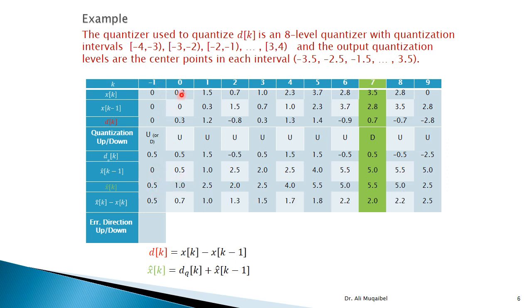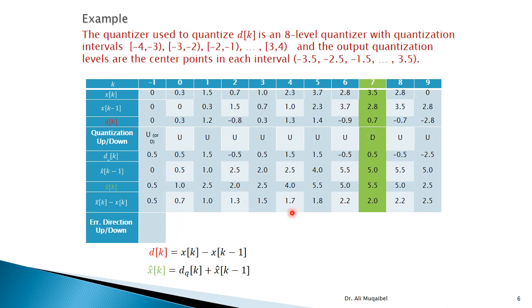You can see here that the error is increasing. Why? Because we have been approximating in the same direction, increasing our approximation. This is why, because we have up. This is unexpected usually, but you can see that the error is accumulated. So 0.5, 0.7, the error is increasing until this stage where the quantization direction changed.